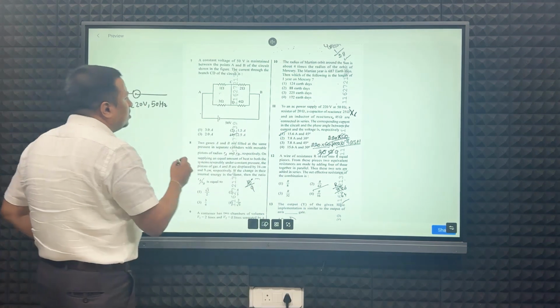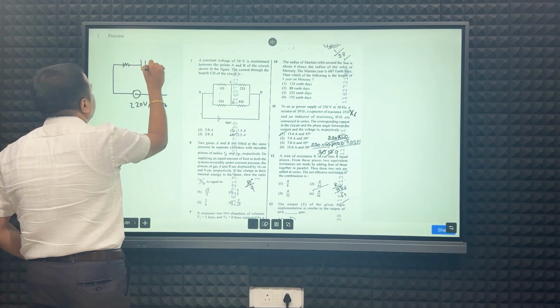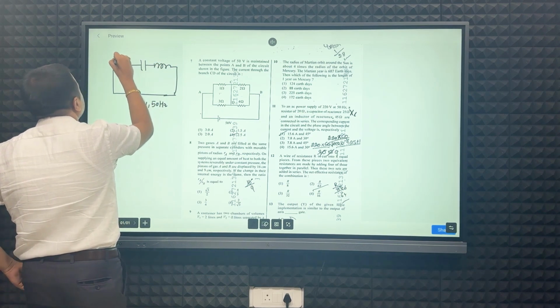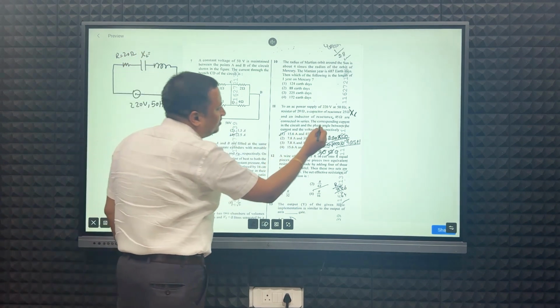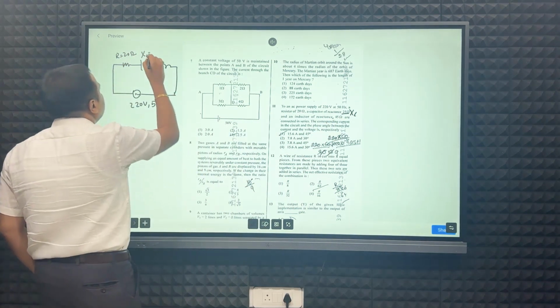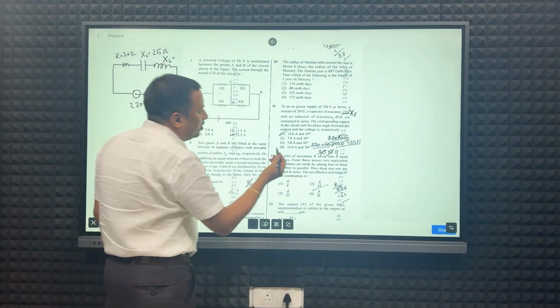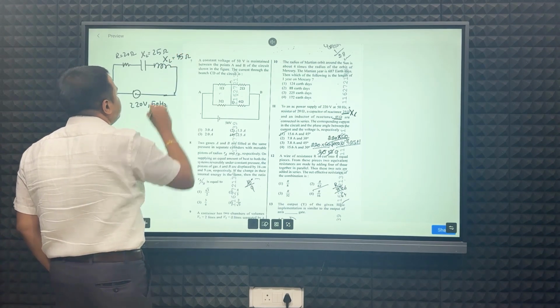What will be the current in the circuit? Okay, this is very simple. Here we have a resistor, a capacitor, and an inductor connected. R value is given 20 ohm. XC value is given 25 ohm. XL value is given 45 ohm.